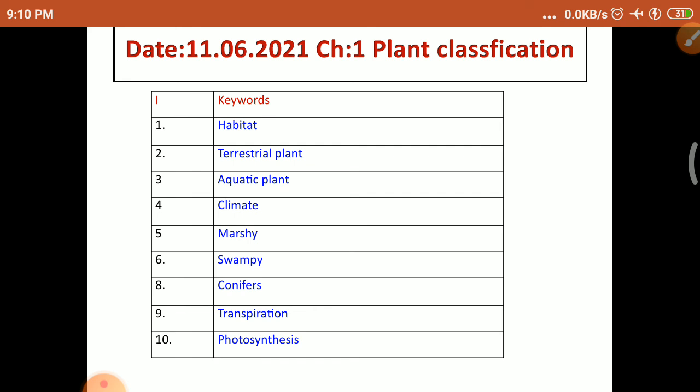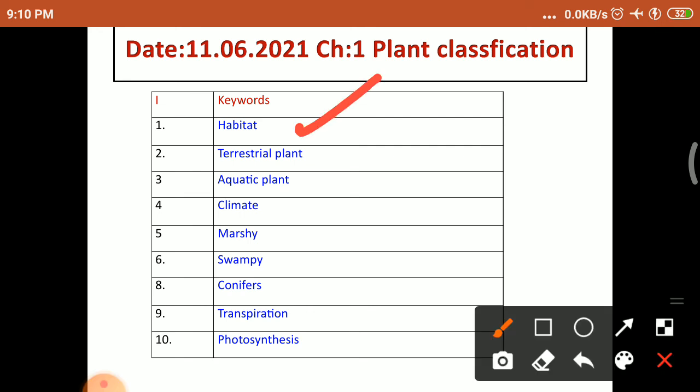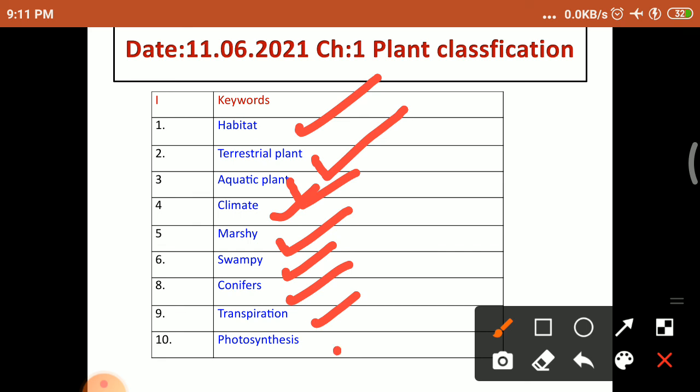Tenth one, photosynthesis. The first one, habitat. Second one, terrestrial plant. Third one, aquatic plant. Fourth one, climate. Fifth one, marshy. Sixth one, swampy. Eighth one, conifers. Ninth one, transpiration. Tenth one, photosynthesis.